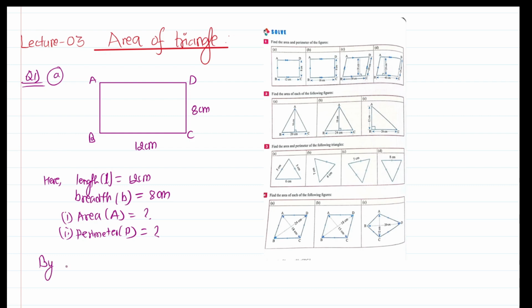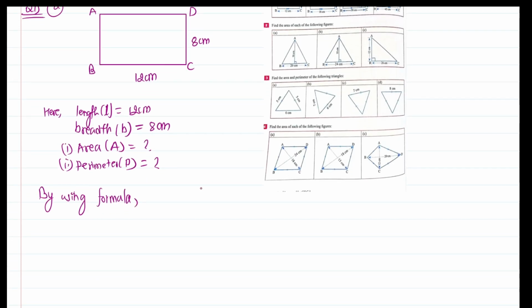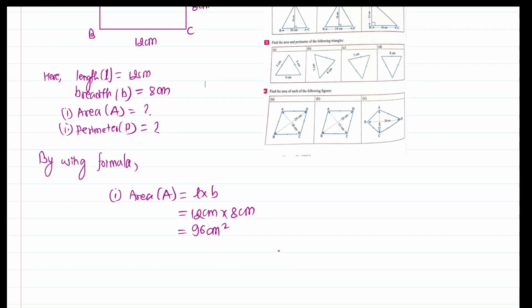By using formula, area A is equal to length into breadth, L into B. That is 12 centimeter times 8 centimeter, that will be equal to 96 centimeter square.